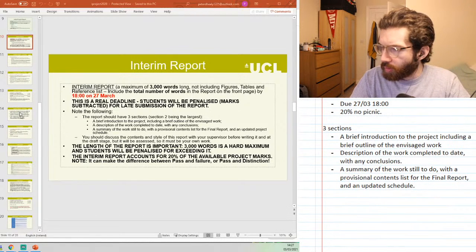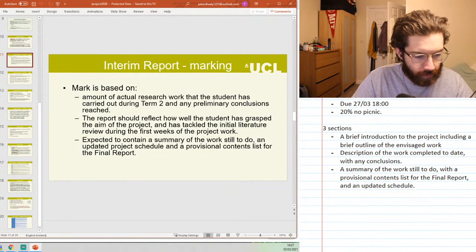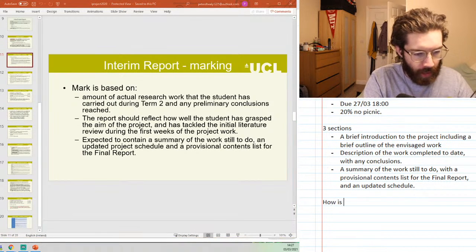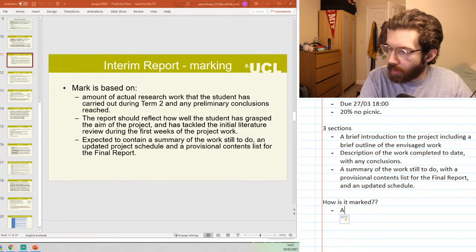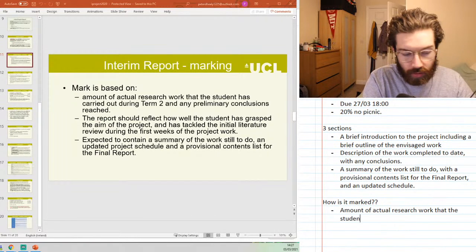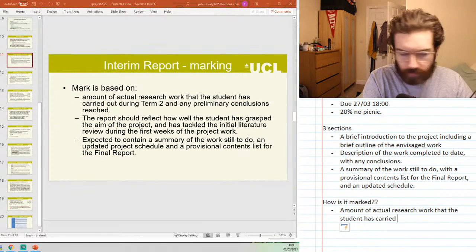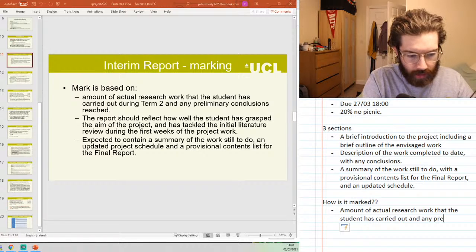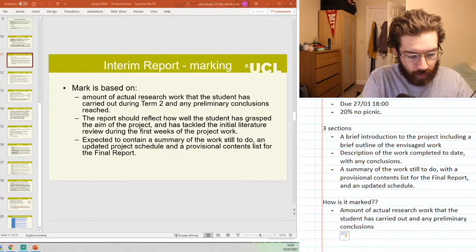So what else is going on here? Marking. How is it marked? Amount of actual research work that the student has carried out, and any preliminary conclusions reached.